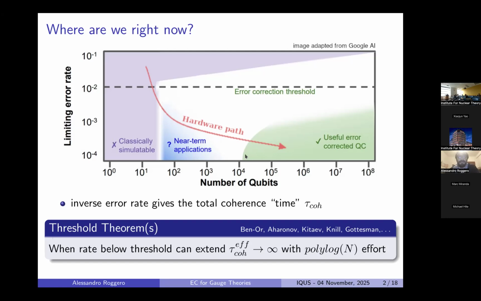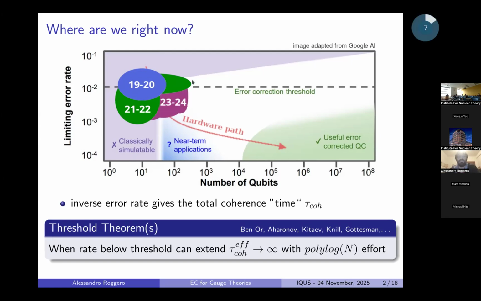Just to give you an idea of where available devices are: in 2019, 2020, more or less when the InQubator started, that's where the devices available on the market were. The quality and size of devices has been improving dramatically in the past few years, both in quality, pushing down on this y-axis, and in size, pushing to the right.